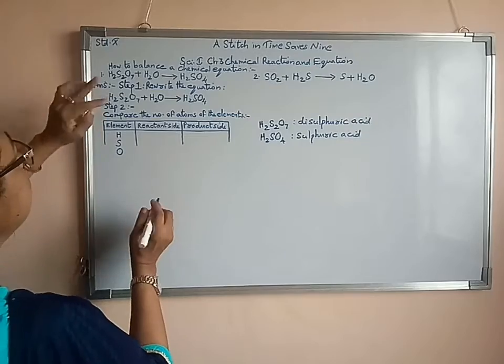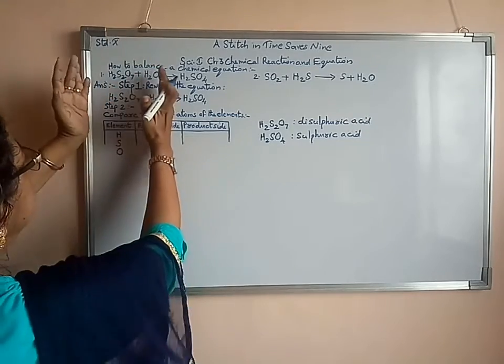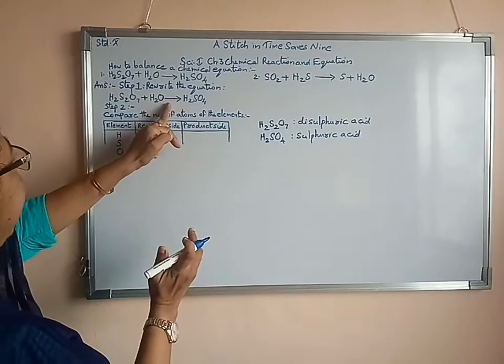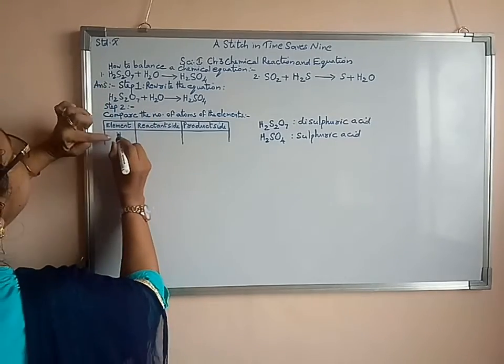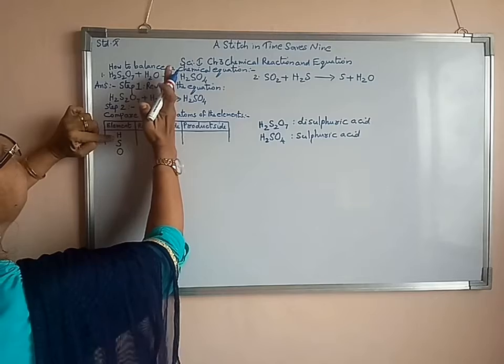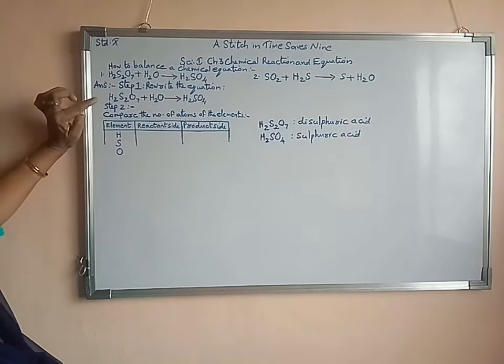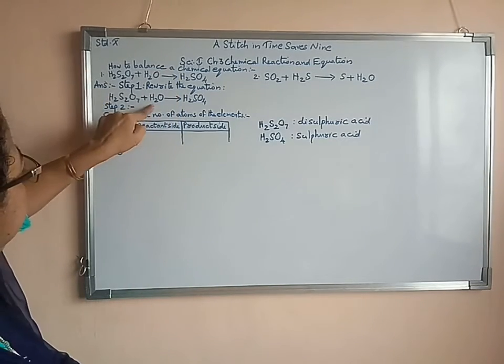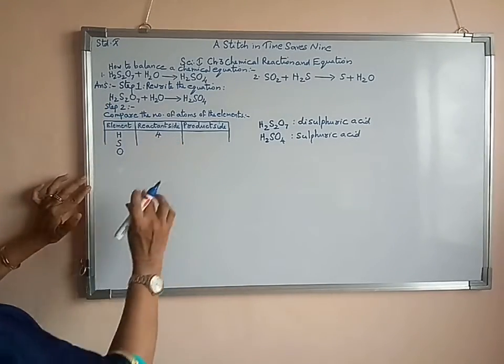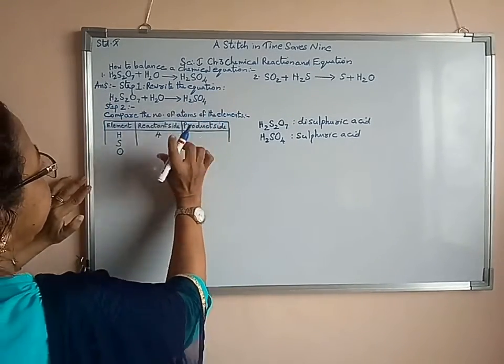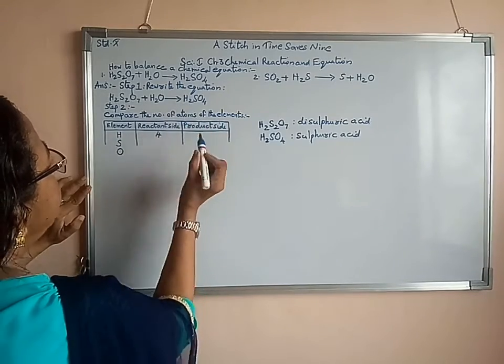Now the reactant side. That means the left side of this arrow mark. Which elements are there? Their number we have to write. First hydrogen. How many hydrogen is there? On the left side of this arrow mark we have to see. Here 2 and 2. 2 plus 2, 4. Hydrogen here 4. This is the product side. How many hydrogen? Only 2 hydrogen.